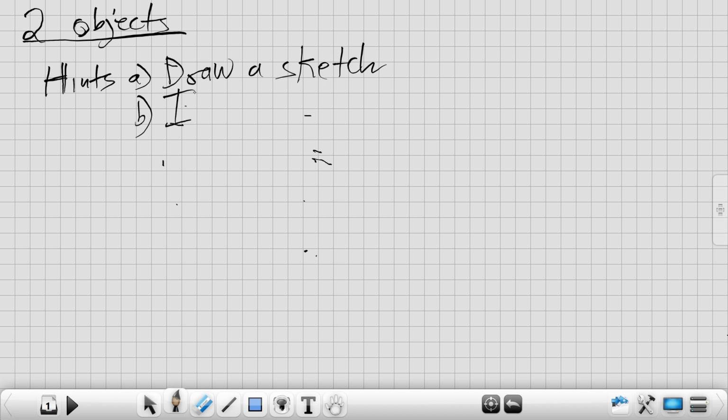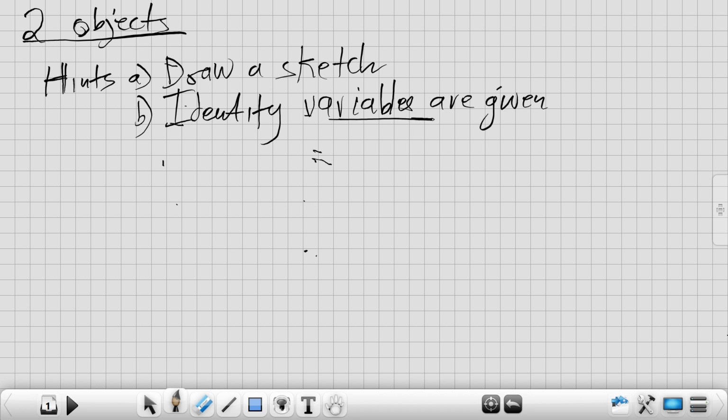So identify the variables that are given. With variables that are given, it will assist in doing a calculation for specific information.